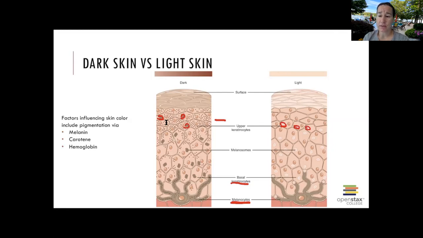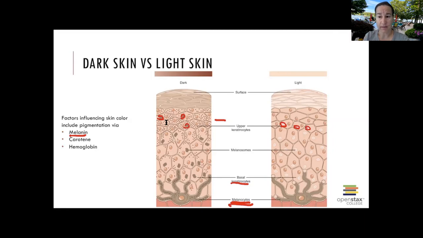I am always going to ask you this question because I think it's a good question: what gives your skin its coloration? It's not just melanin. Melanin is what we talk about a lot on this slide because we talk about the melanocytes, but it can also be other things. What happens when you get hot? The blood flow goes to the surface of your skin. And what happens if you get, I don't know, embarrassed?